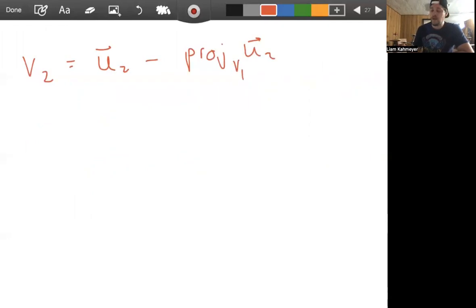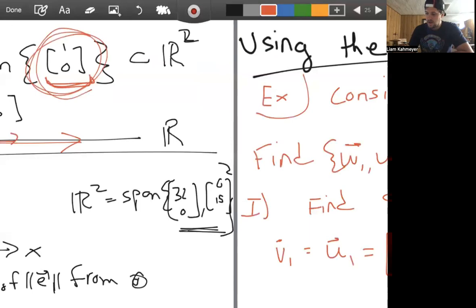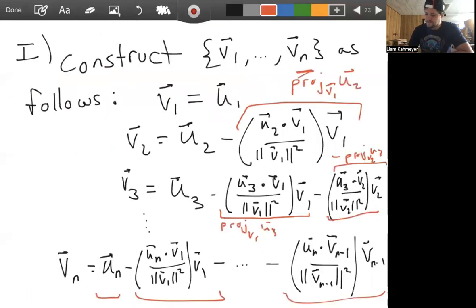And so this might help more in terms of memorizing the Gram-Schmidt process, right? Because just trying to memorize these symbols purely can get kind of messy.